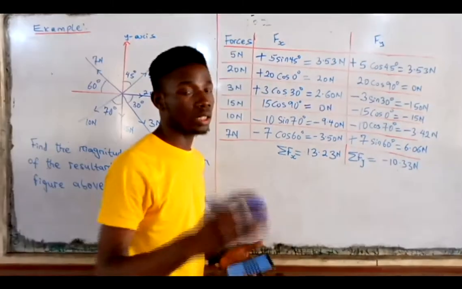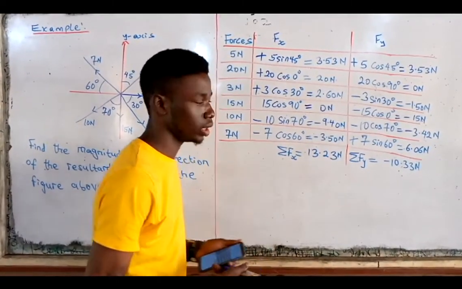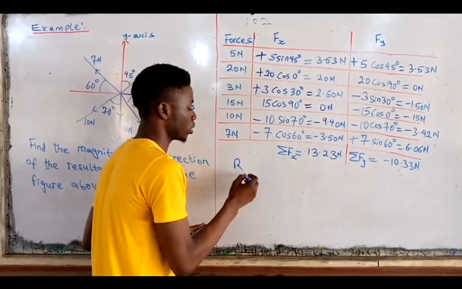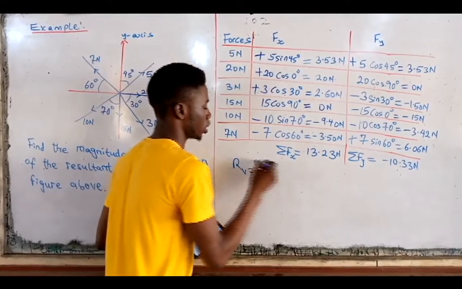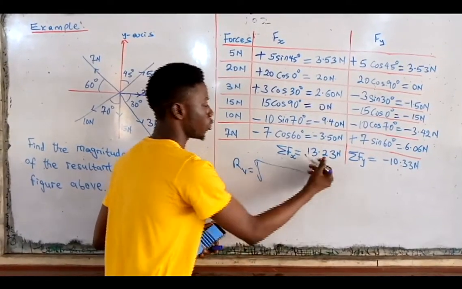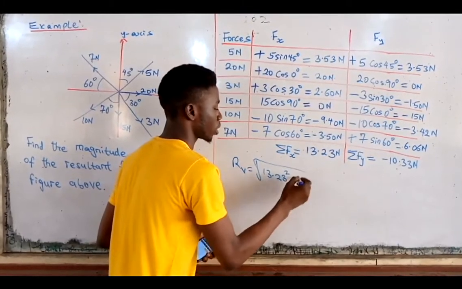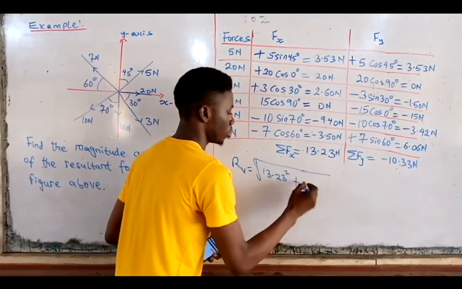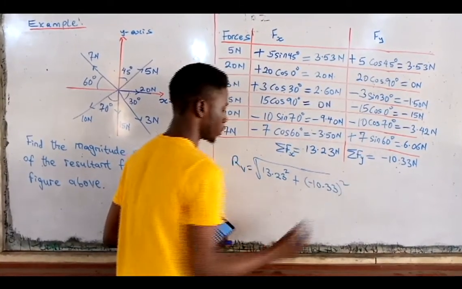Then, using the formula for finding the resultant vector, as said in case 3, the resultant force will be equal to the square root of 13.23 squared plus minus 10.33 squared.